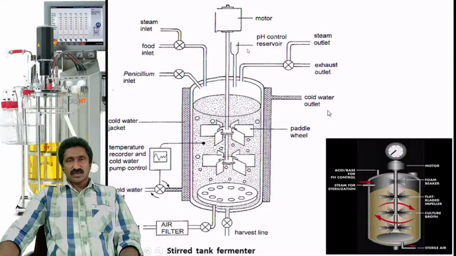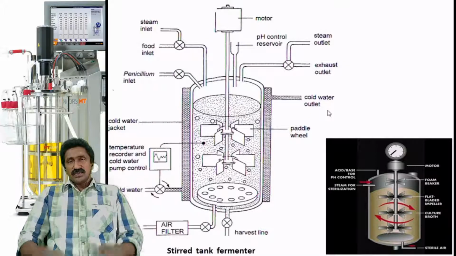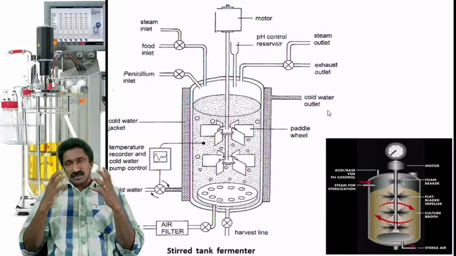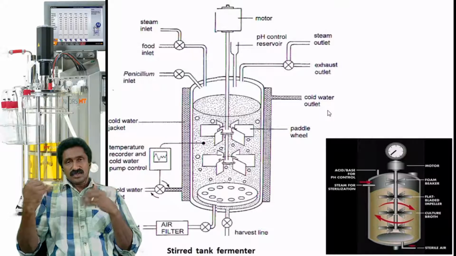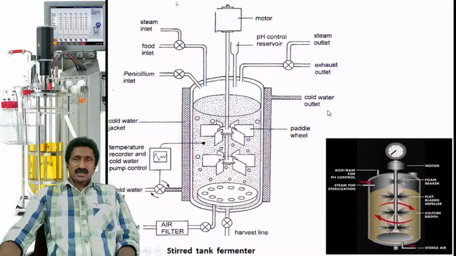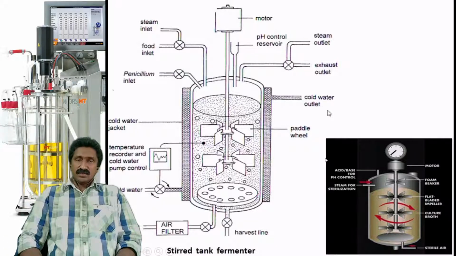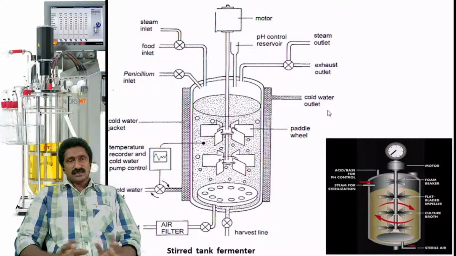Then there is pH control for detecting and monitoring the pH, along with a reservoir of acid and base, in which the pH is detected and accordingly the acid or base will be added to adjust the pH to the desired level. So these are all different components of a stirred tank fermenter or a CSTR. I think you already know that concept.